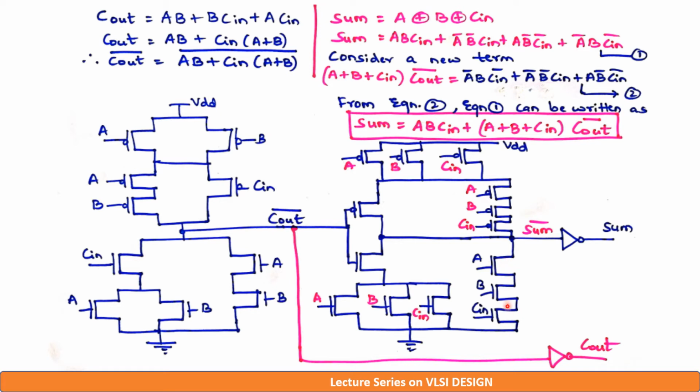A, B, C in are series here, A, B, C in are parallel in pull up. First half is parallel here, first half will be in series with second half. Second half, Cout is series here, Cout will be parallel. A, B, C in are parallel here, A, B, C in will be series. So this intermediate node gives you sum bar output, a NOT gate will give you sum output.